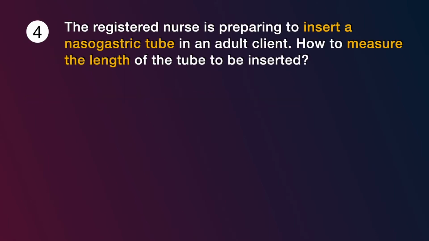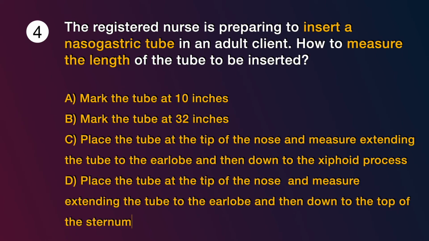Question number 4. The registered nurse is preparing to insert a nasogastric tube in an adult client. How should the length of the tube to be inserted be measured? Options are: mark the tube at 10 inches, mark the tube at 32 inches, place the tube at the tip of the nose and measure extending the tube to the earlobe and then down to the xiphoid process, place the tube at the tip of the nose and measure extending the tube to the earlobe and then down to the top of the sternum.